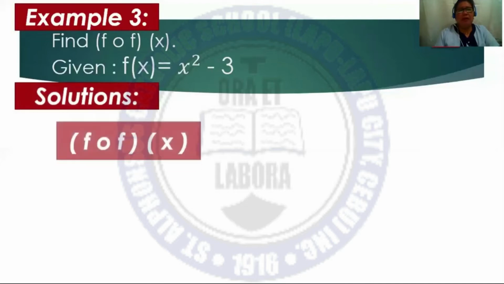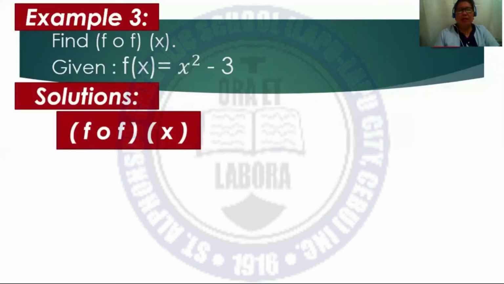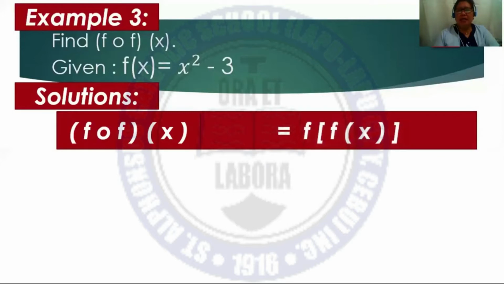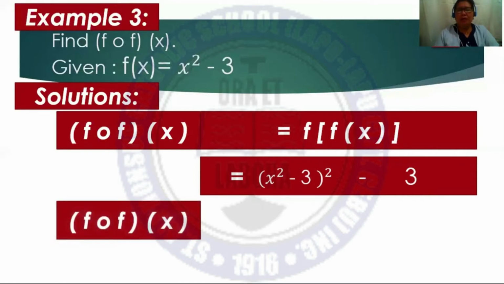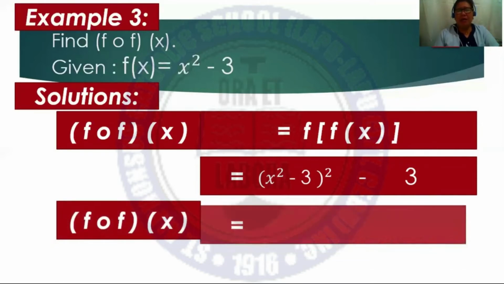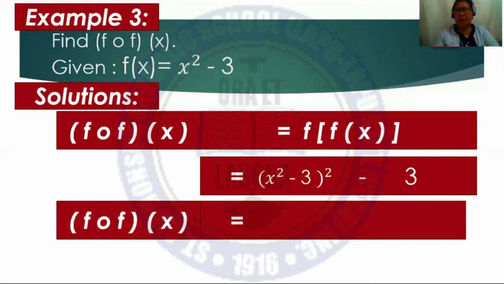Solution: f circle f of x can be written as f of f of x. The pattern that we need to follow is x squared minus 3. Then change x into x squared minus 3. Do not forget the square. And then f circle f of x is equal to, we have to simplify first the square of the binomial.